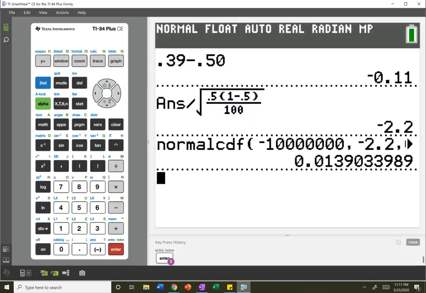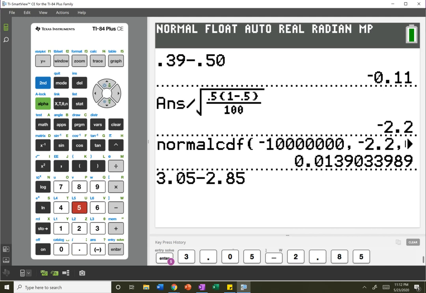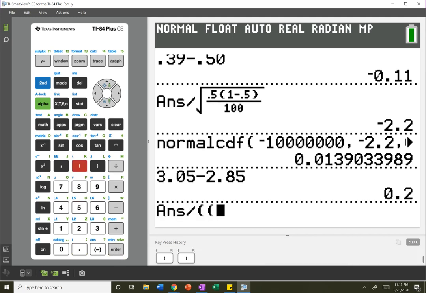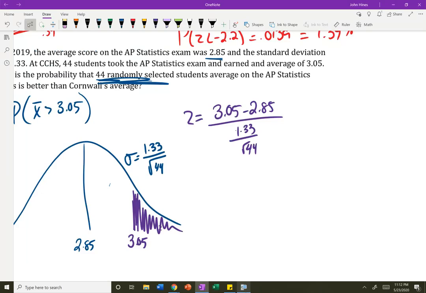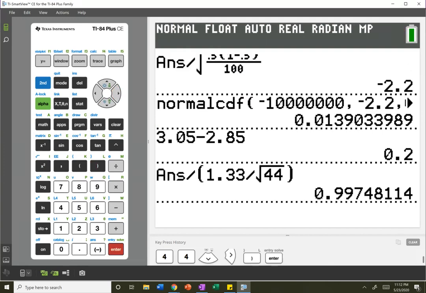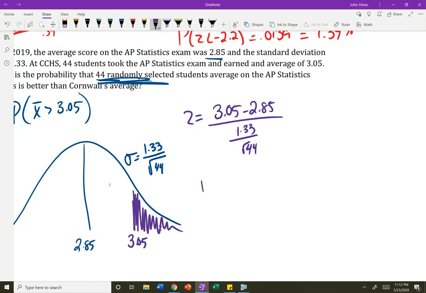So let's get the z-score. 3.05 minus 2.85 divided by, use parentheses here, the original standard deviation, 1.33 divided by the square root of, what's my sample size? 44. Close it and enter. That's my z-score. My z-score is 0.997.